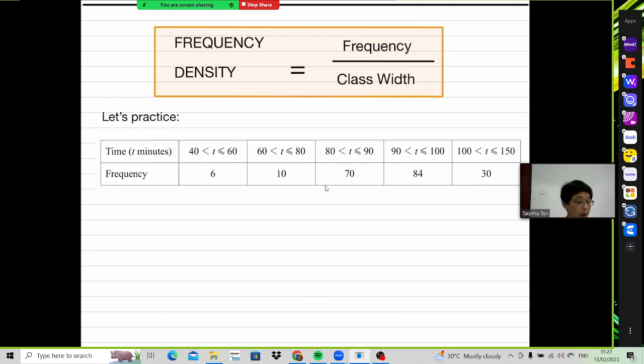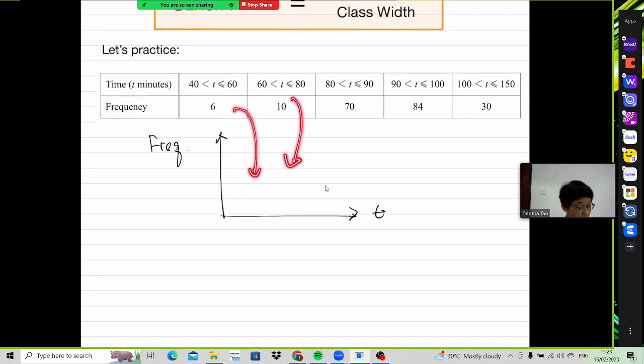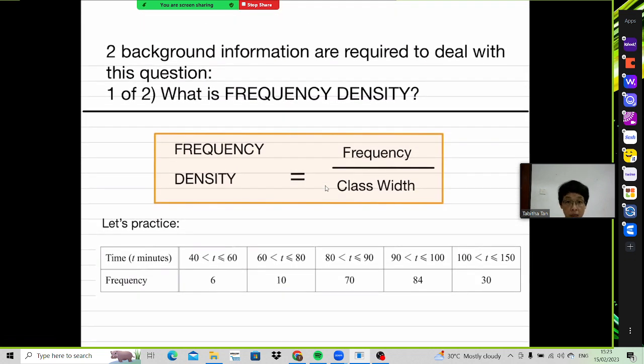That's frequency. If we plot the frequency, with time on one axis and frequency on the other, no problem. We can just directly take this information and plot it. There's no additional calculation required. But now we are not dealing with the first type of histogram. Now we are dealing with the second type, with frequency density.